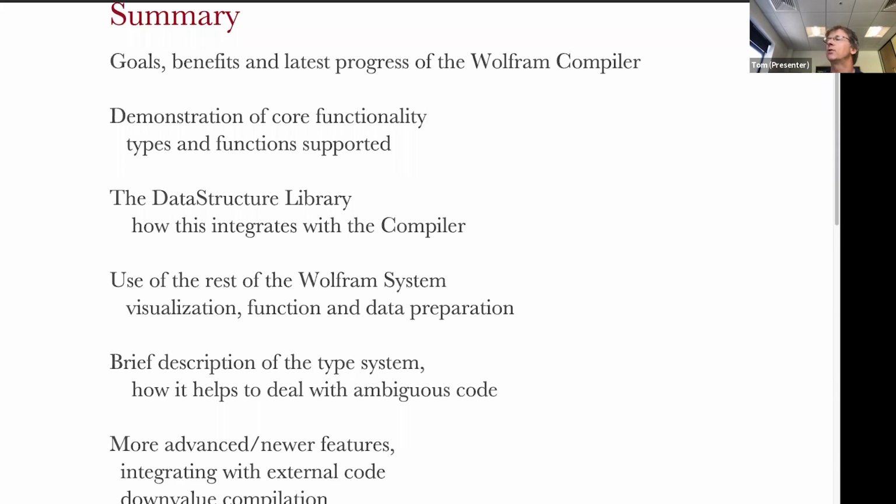Some of these things are in 12.1. Some of them will be in 12.2, and some of them are going to be sort of future things. On the speed of the compiler, the old compiler is useful, but I think the new one now, especially in 12.2, is predominantly faster, but it has tremendously more functionality.